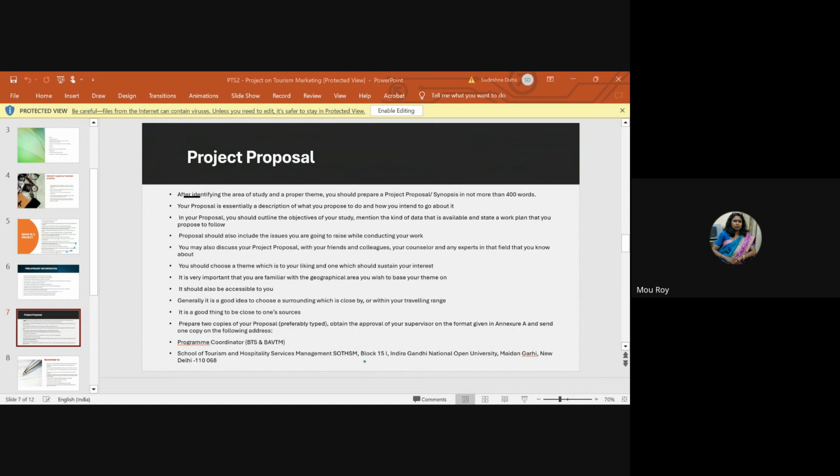You have a supervisor? No, I don't have a supervisor, ma'am, up to now. You contact your coordinator, like IGNOU, and you write to them saying that for your project you need a supervisor, kindly provide one.